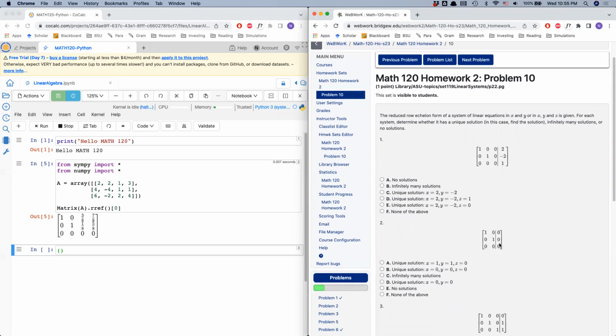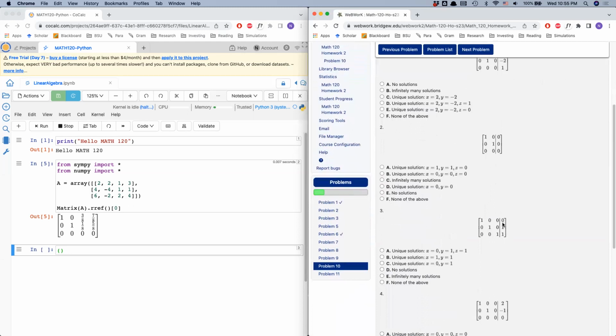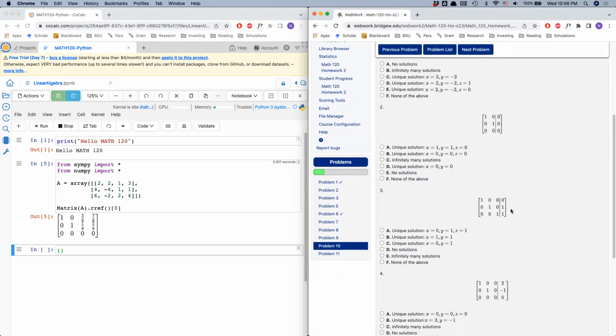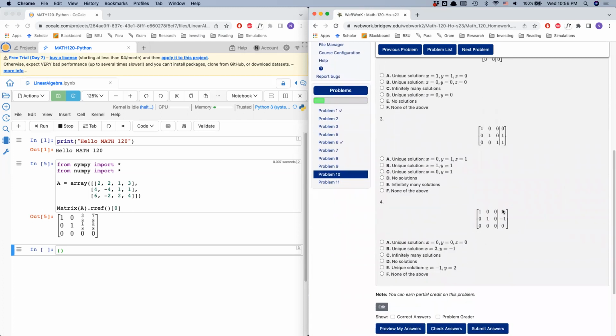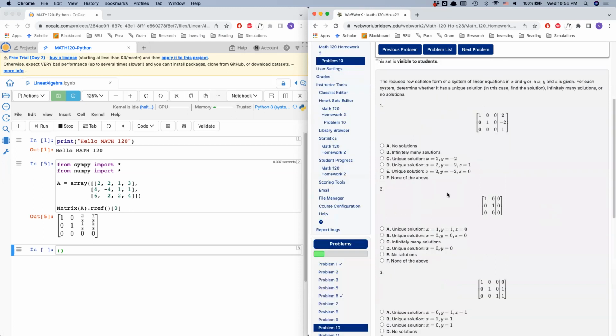The system has infinitely many solutions. The system has a unique solution, but be careful with the type of solution with the answer, right? So what is X equal to, what is Y equal to, what is Z equal to, and this one has infinitely many solutions as well.